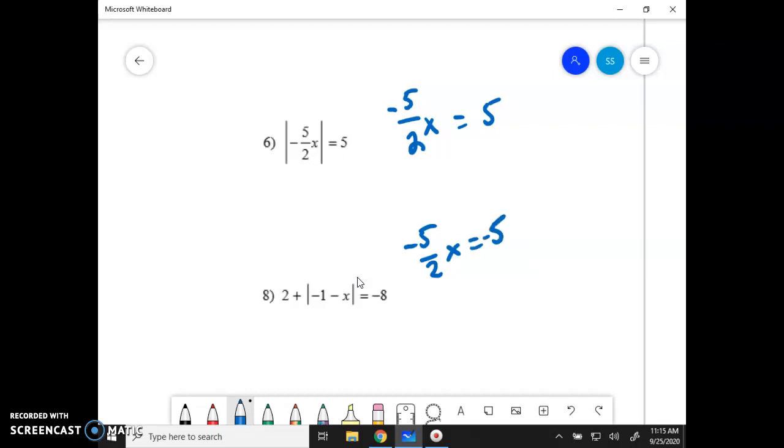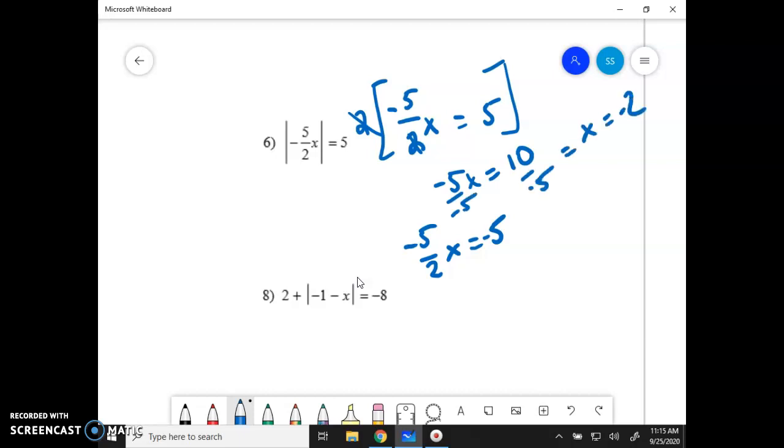Okay, and we're going to solve these the exact same way. Or what we could do is just multiply this by 2, and then this will cancel out, and you're going to get negative 5x is equal to 10. And you divide by negative 5, divide by negative 5, and you get x is equal to negative 2.